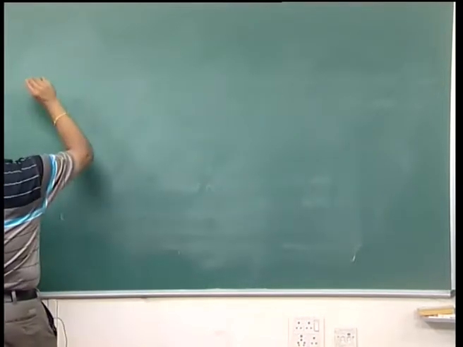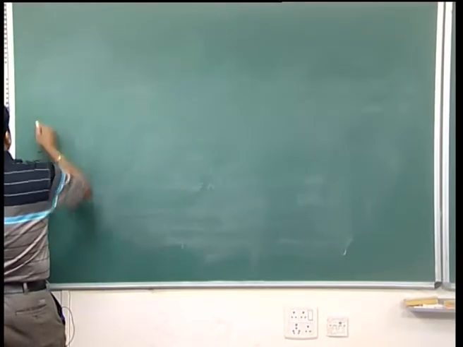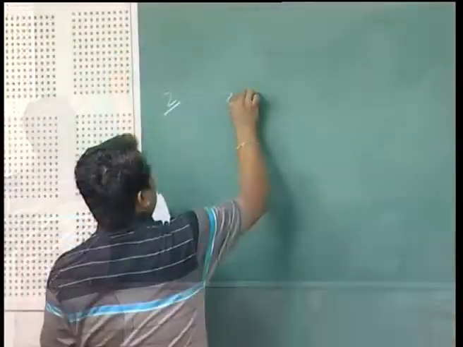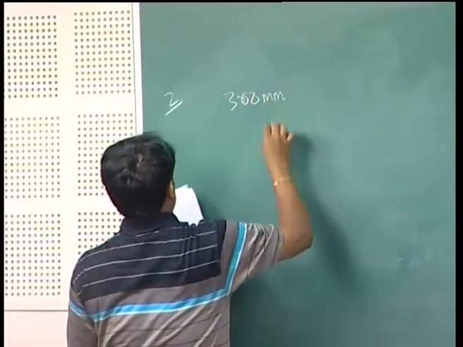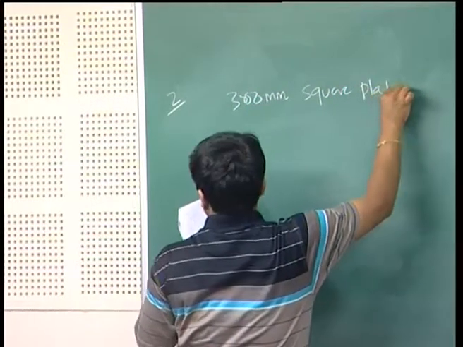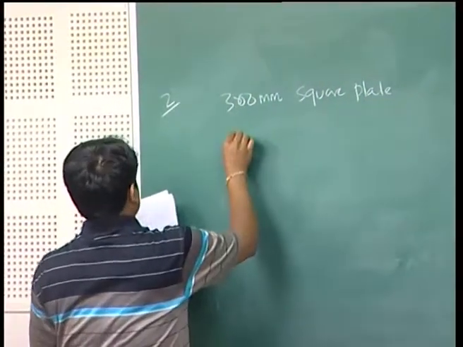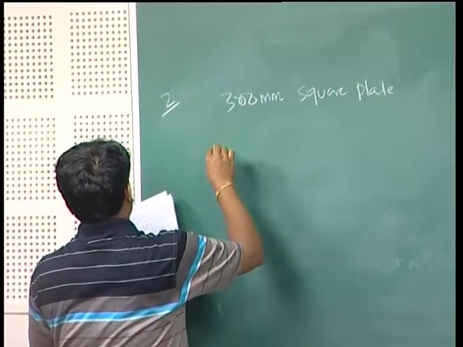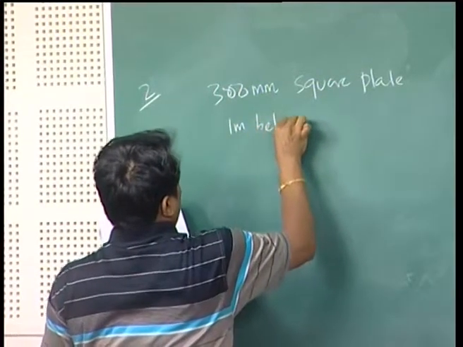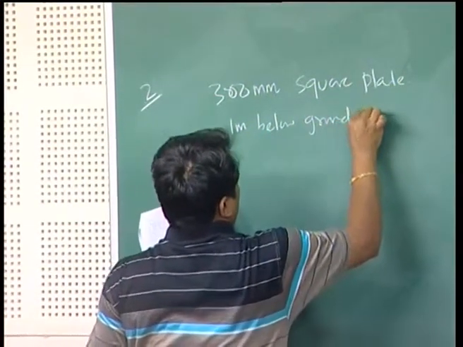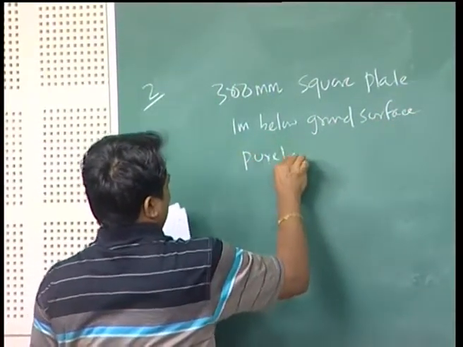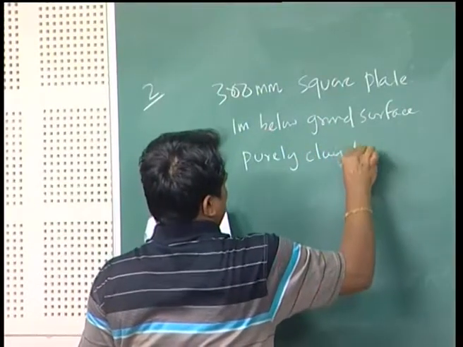Similarly, for this plate load test, example 2, the plate size is 300 mm, it is a square plate, at a depth of 1 meter below ground surface, in a purely clay deposit.